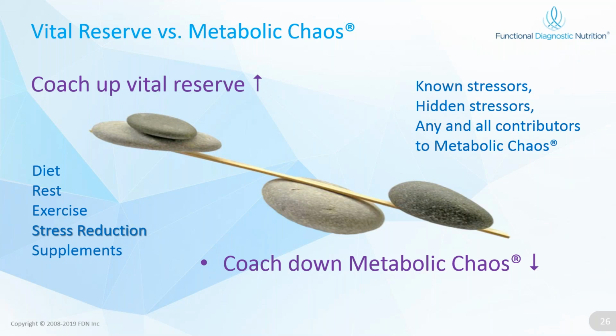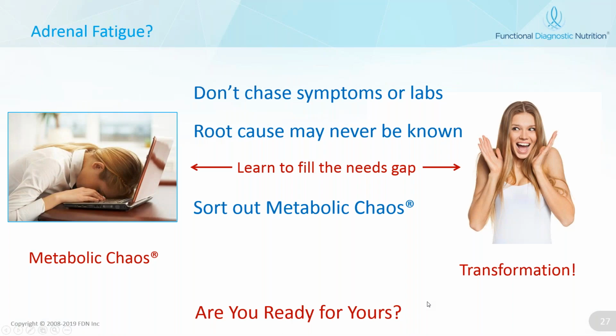So diet, rest, exercise, stress reduction, and supplements is what coaches up every cell, every tissue, every organ, the entire organism all at once. Not treating anything specifically, you're treating everything non-specifically. Now, you also obviously have to coach down the contributors to metabolic chaos, known stressors, hidden stressors, and that's how we make people better.